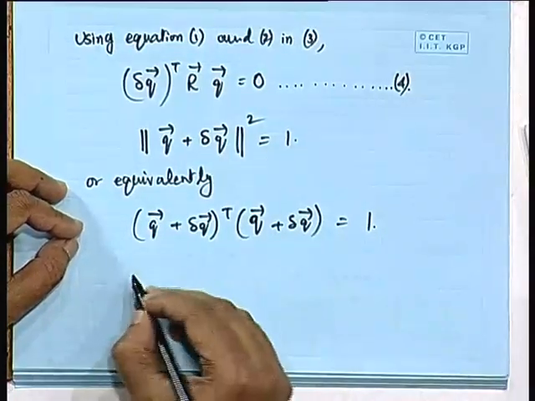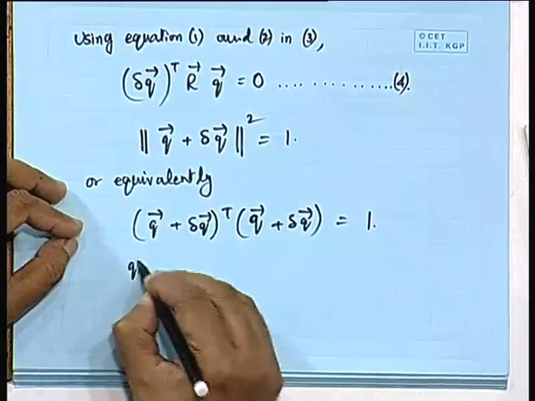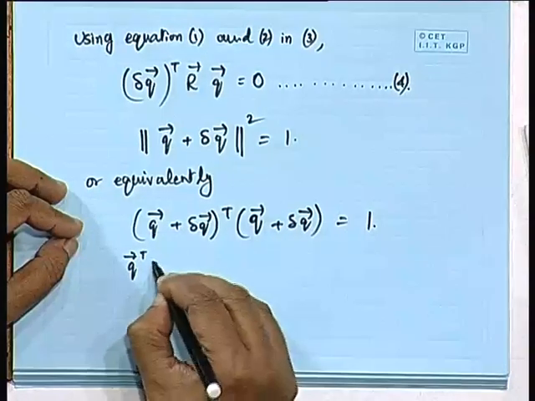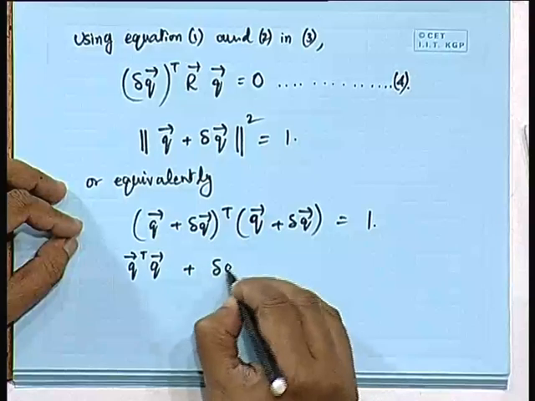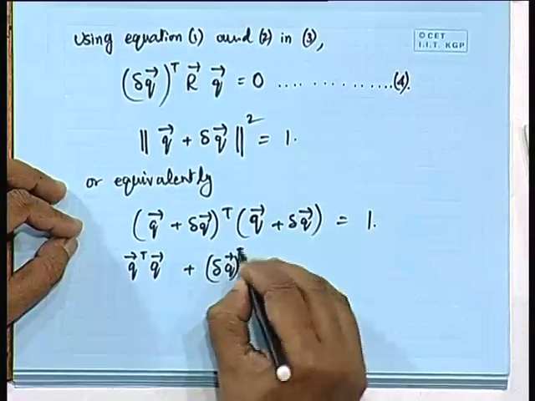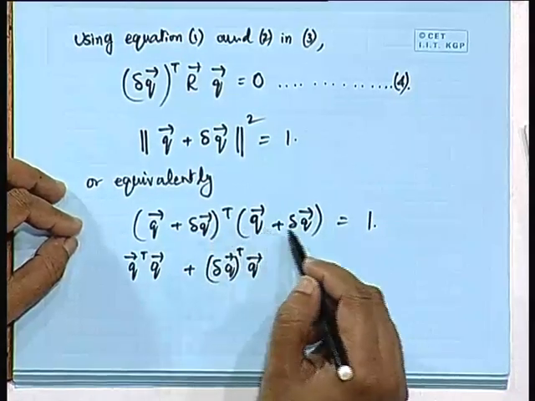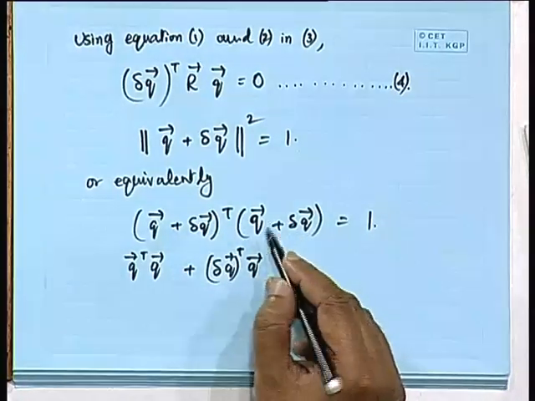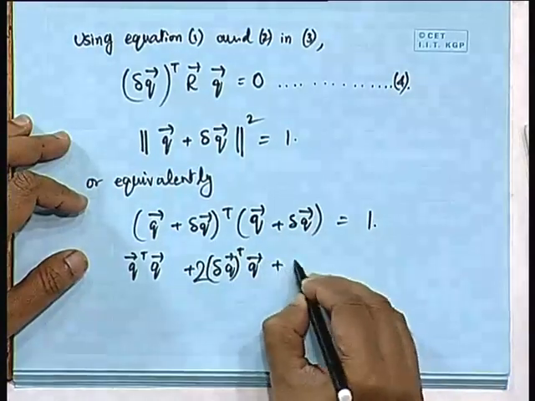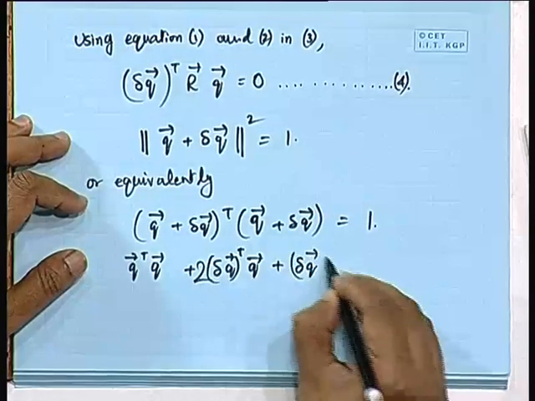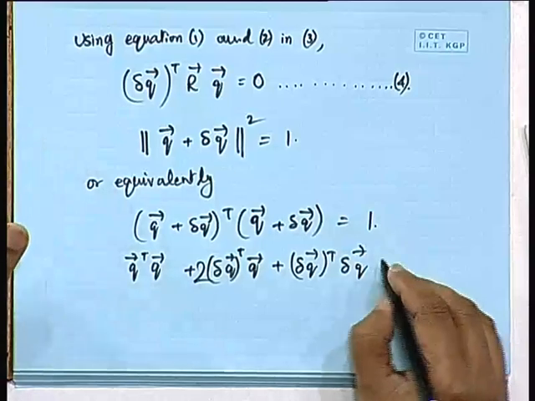Now we can again expand it, and we find that this is q transpose q plus delta q transpose q plus q transpose delta q, which are the same. So this will be 2 times delta q transpose q, plus a term delta q transpose delta q, which is negligible.